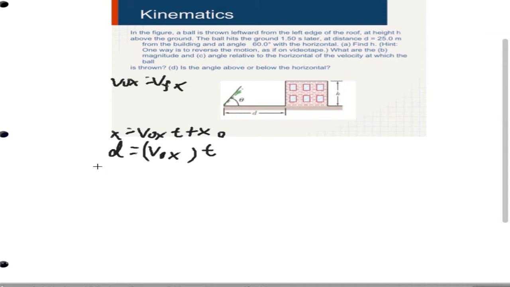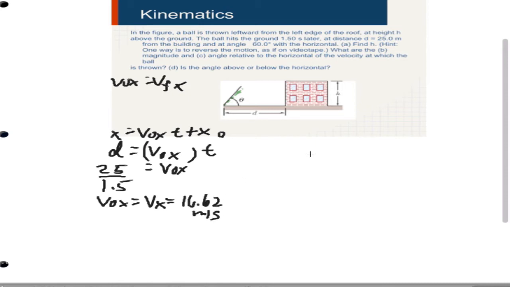So here's what we're going to say: 25 over 1.5 equals v naught x. And when I actually do that, that's going to give me v naught x equals v final x equals 16.62 meters per second, which is awesome. Now, let's do one more thing.